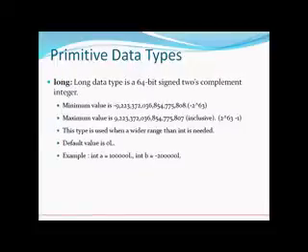Now there are a few data types that are specifically made for some purpose, like the long data type. A long data type is double of an integer. Like a short is half of the integer data type, a long is double of the integer data type. It is 64 bits long. It can store values from minus 2 to the power of 63 till 2 to the power of 63 minus 1.